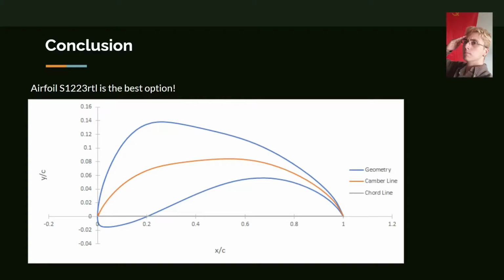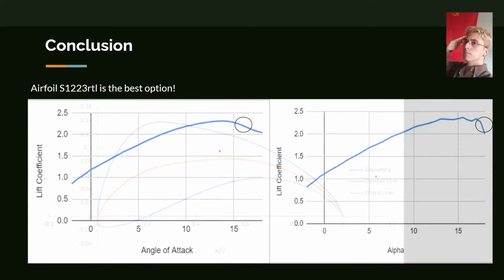So with these assumptions, we're still going to go ahead and say that the RTL airfoil appears to be the better choice. Now it's technically larger, but the profiles are so similar in size that they're going to be very similar in weight. The RTL airfoil has a lower necessary angle of attack to achieve lift, which we're inferring from step 2. We can also see here that it's going to have a greater angle of attack necessary to stall, noted on the right, where its angle of attack is closer to 20 degrees, while the S1223 airfoil is closer to 15.